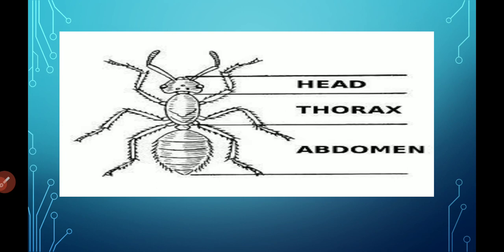You can see that wings and legs are located where? On the thorax. Insects have an exoskeleton, an outer covering that is made of chitin. Some insects can crawl and some insects can fly.